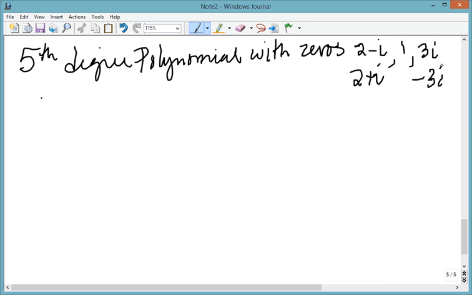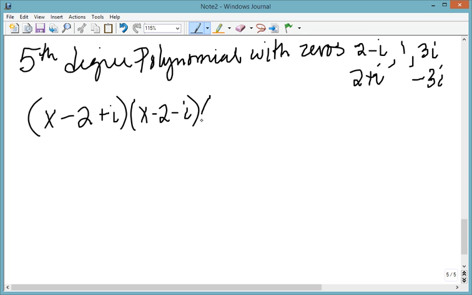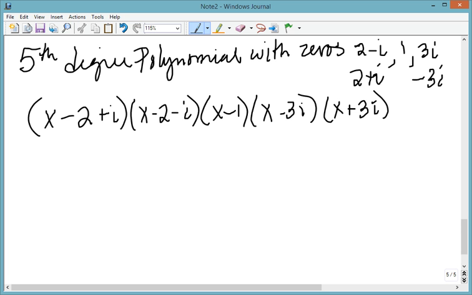My polynomial would be x minus, remember it's always x minus the 0, right? 2 plus i, because I distribute that negative, x minus 2 minus i, x minus 1, x minus 3i, and x minus a negative 3i, which would be plus 3i.